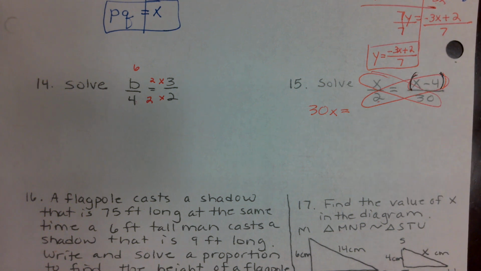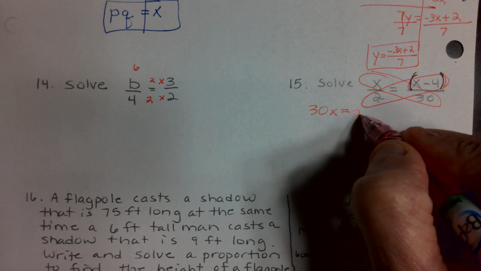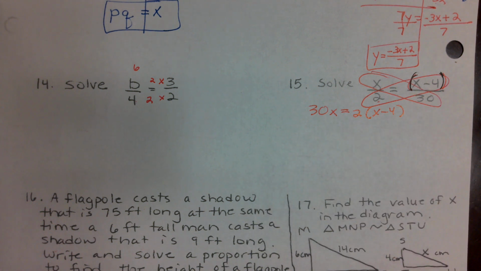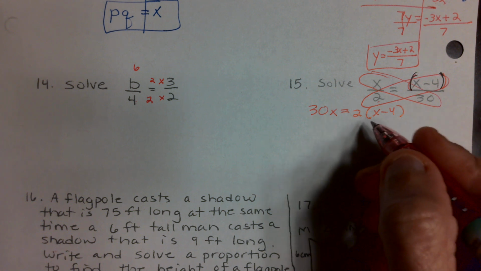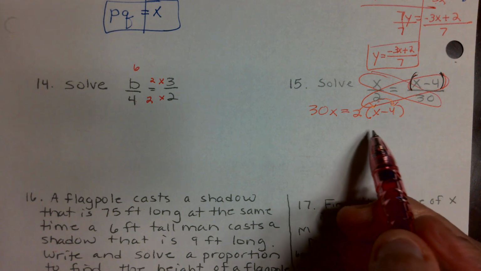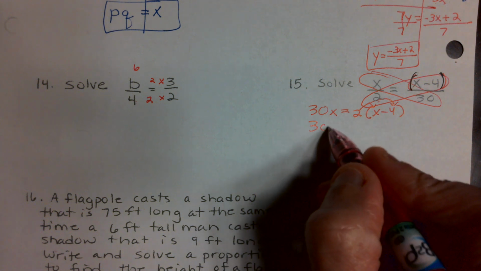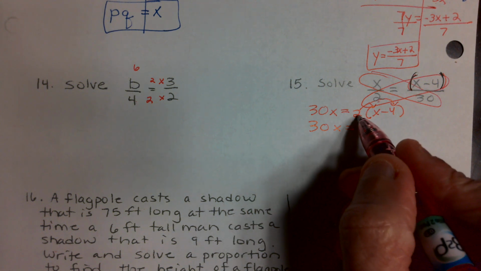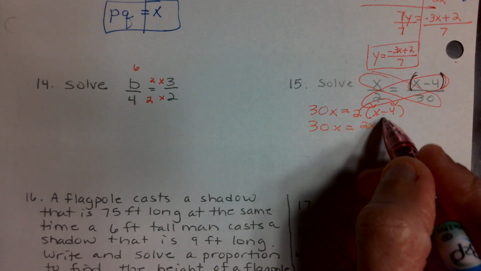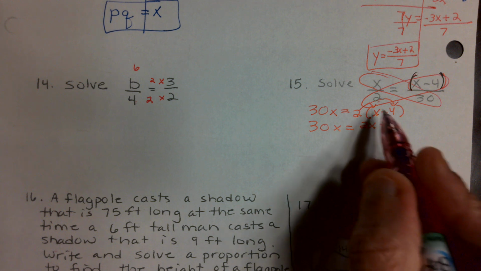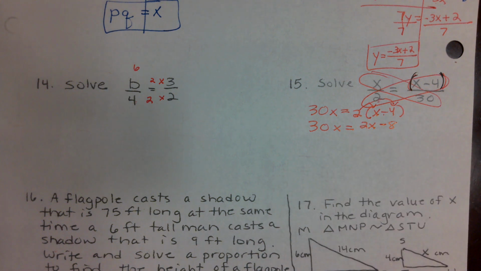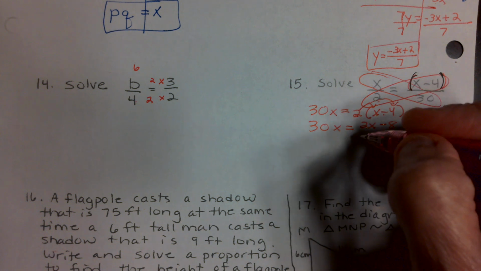So when you multiply, you're really multiplying 2 times x minus 4. So what do I have to do then? Exactly, the spider legs. I have 30x equals 2 times x, 2x. Drop my subtraction down. 2 times 4, 8. Yay, the parentheses are gone.